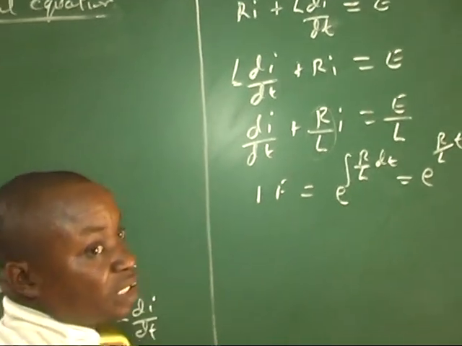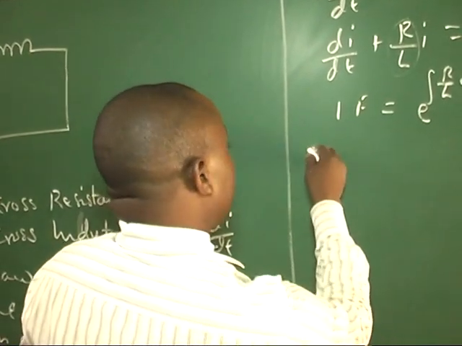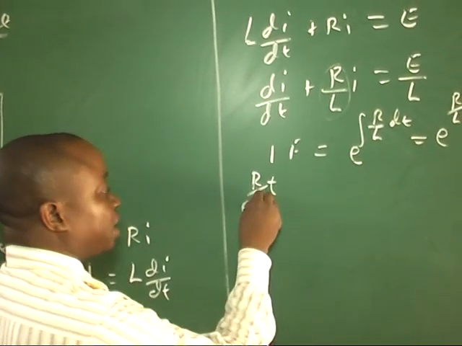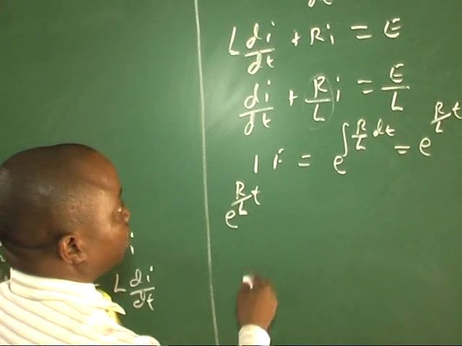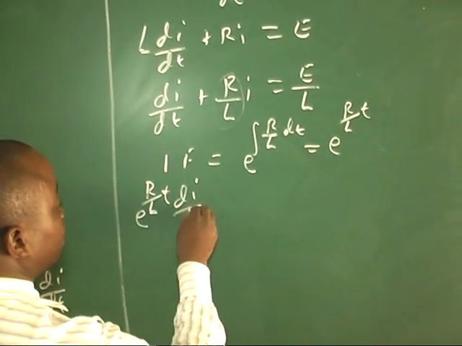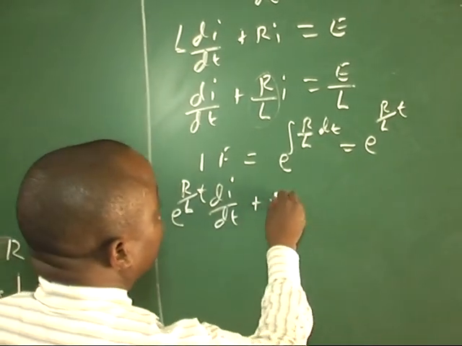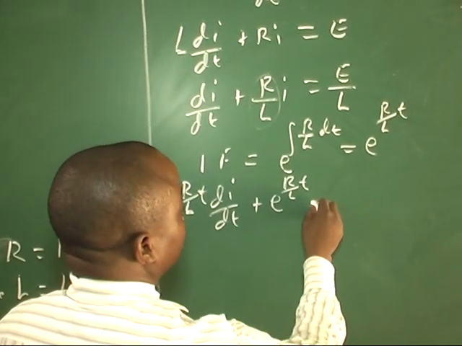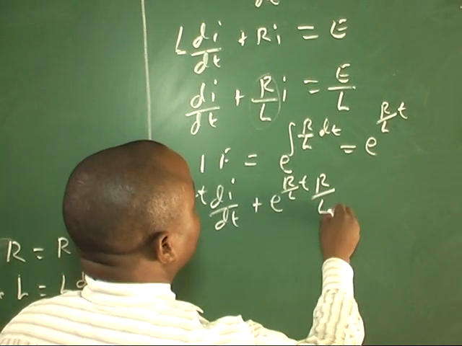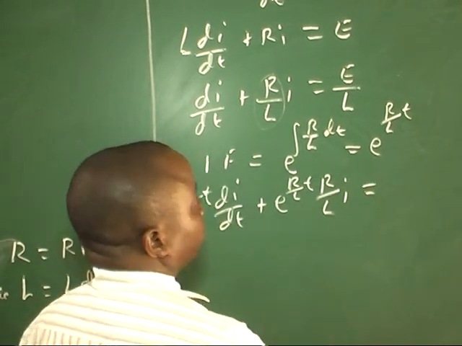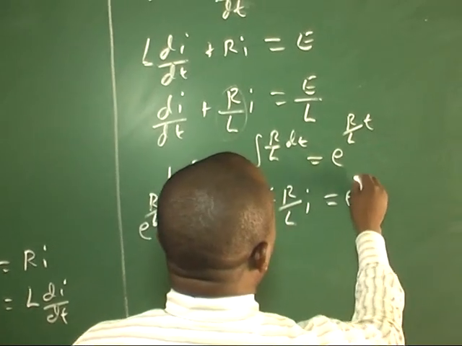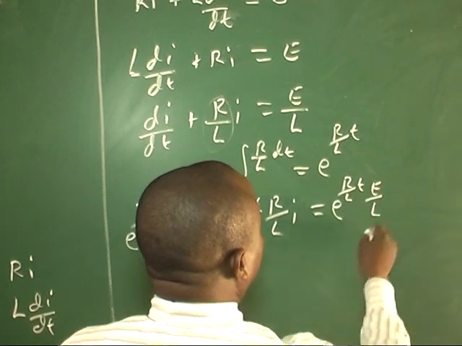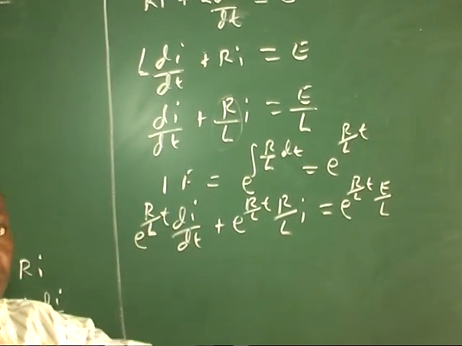Now we are going to multiply it through, and then we will have exponential R/L t di/dt plus exponential R/L t times R/L I will be equal to exponential R/L t times E all over L. You see, we are just multiplying all of them through.